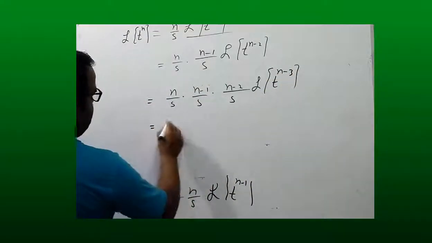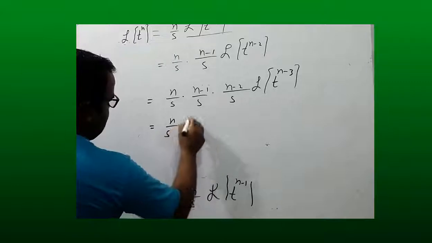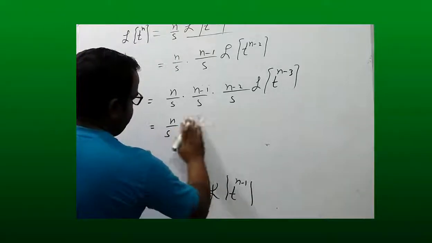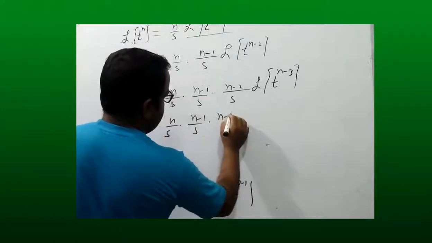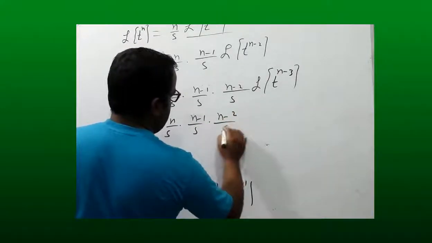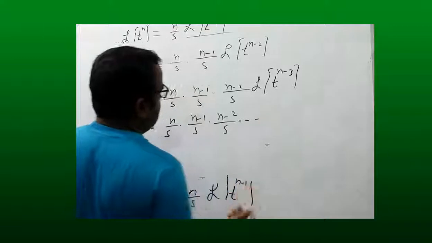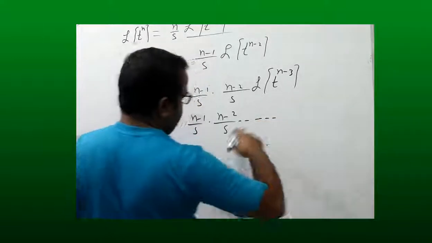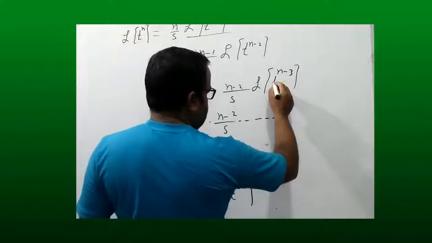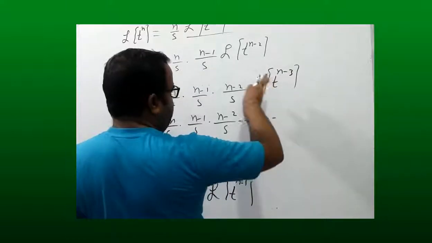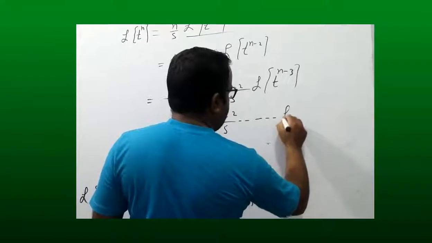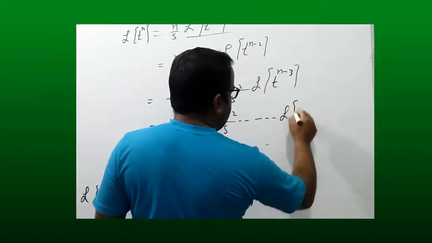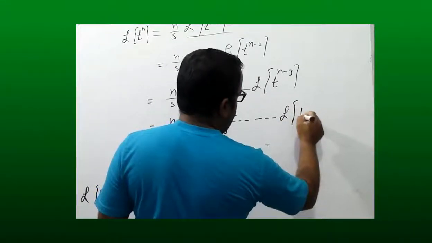So after finding n minus 1 over s, n minus 2 over s, and so on, each time the power of t is decreasing. So finally we will get the Laplace of 1.